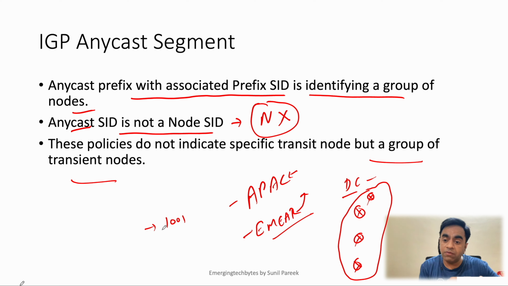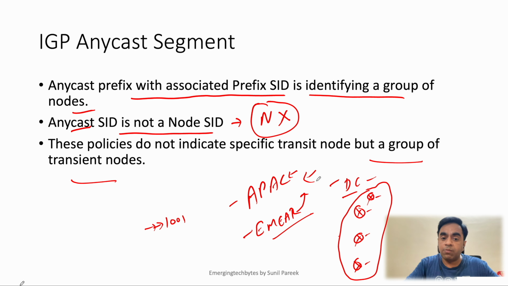So when the packet was getting forwarded, this label was allocated to this group of transit nodes, and it has to pass through any of these nodes in this data center to meet that compliance requirement.